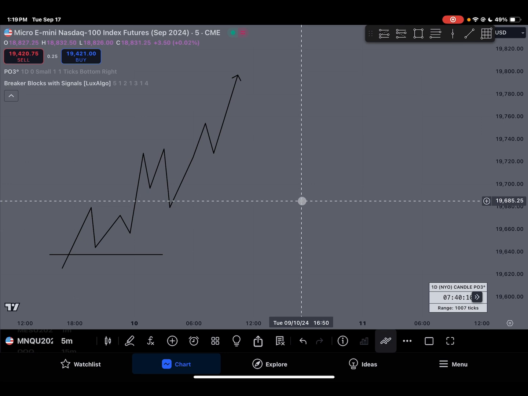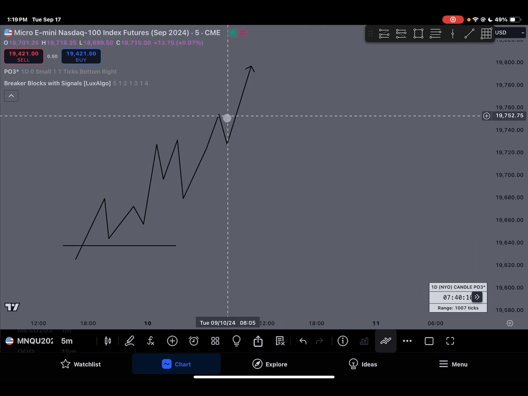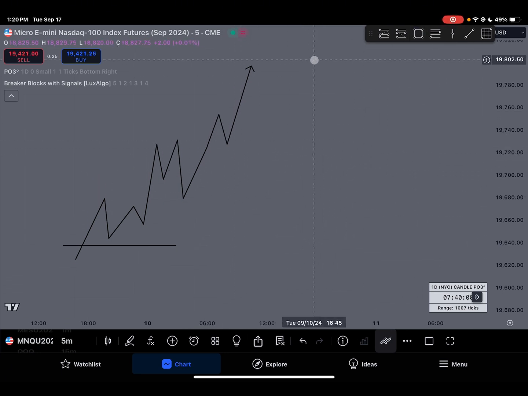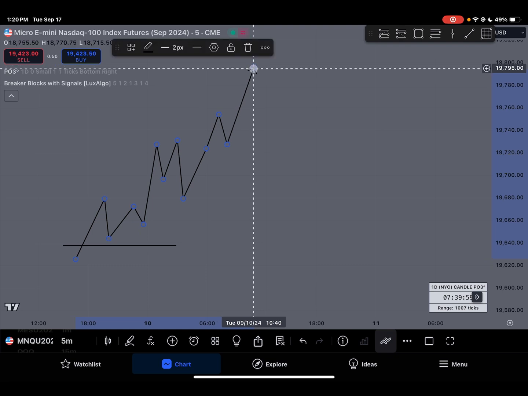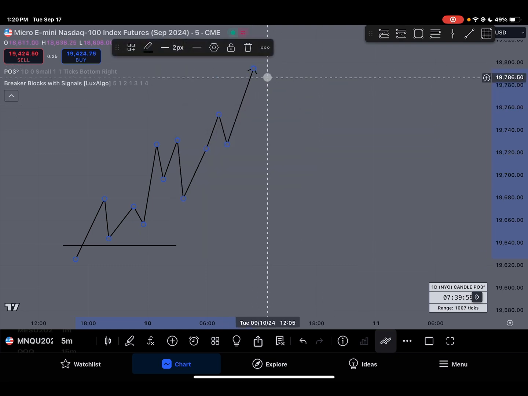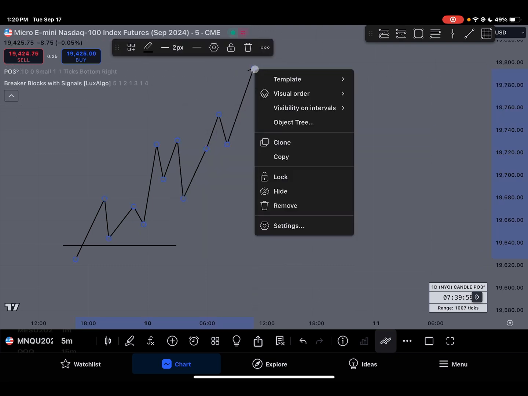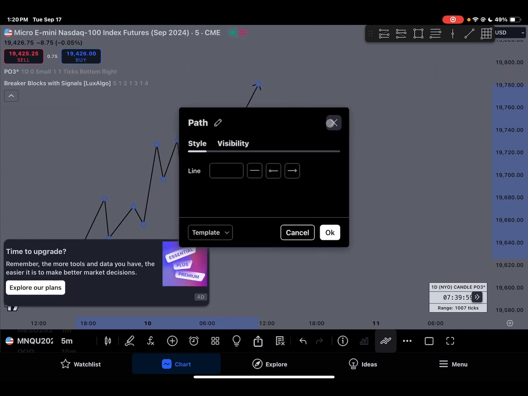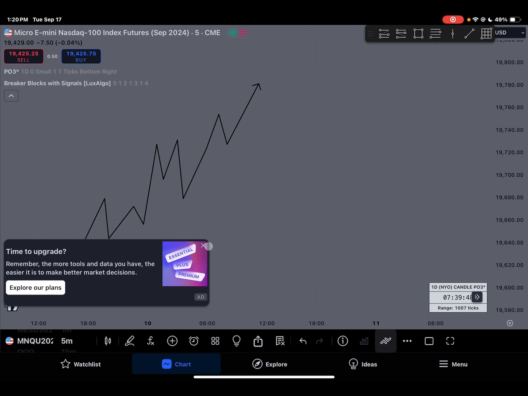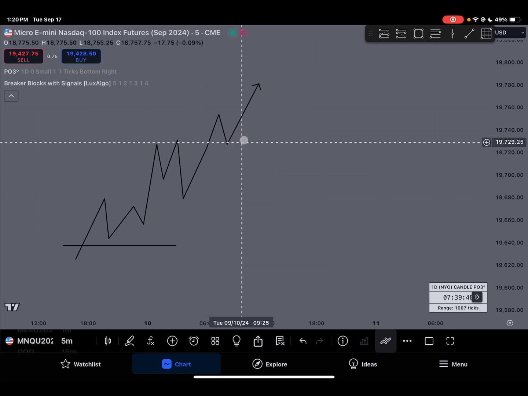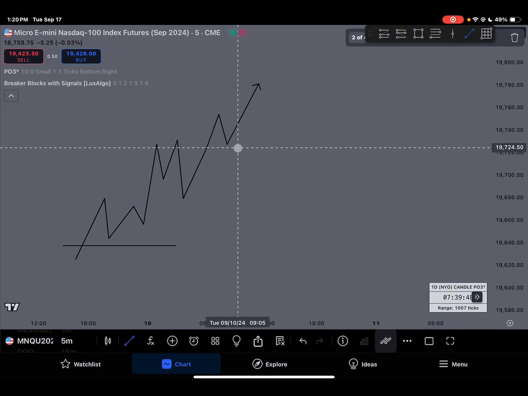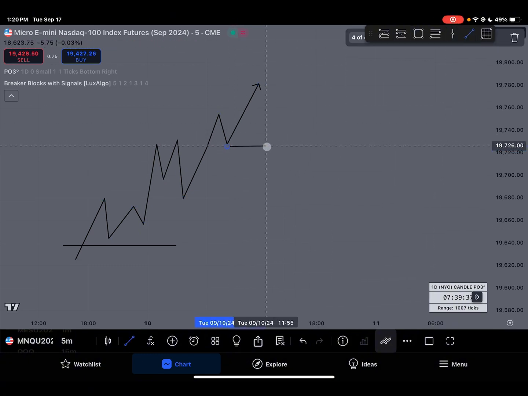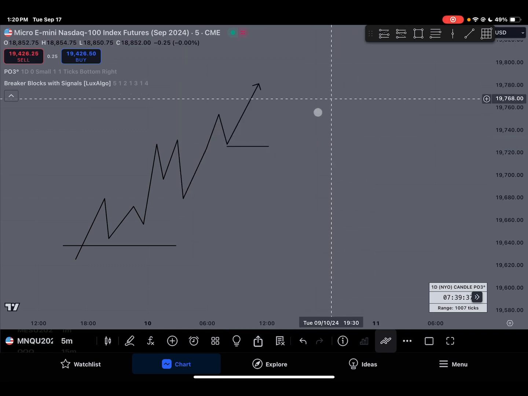Once it closes below the low, you could be looking for, let's say, this right here was where it was. So once it closes below here, that is your breaker. For a bearish example, obviously.